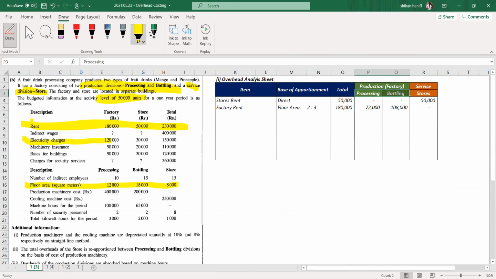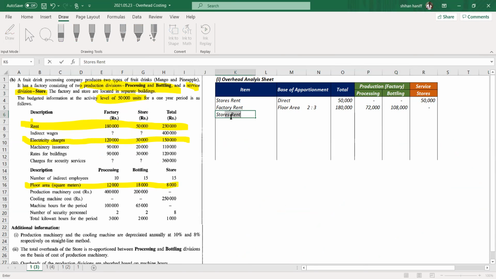Indirect wages amount is not given, so we'll fix that later. Stores electricity is directly given, because it is separate; it's in Kandy. So that electricity we can take directly under the stores. How much? 30,000 for the stores.